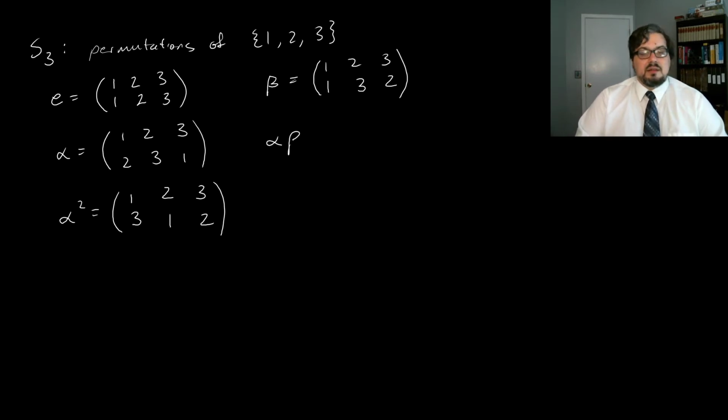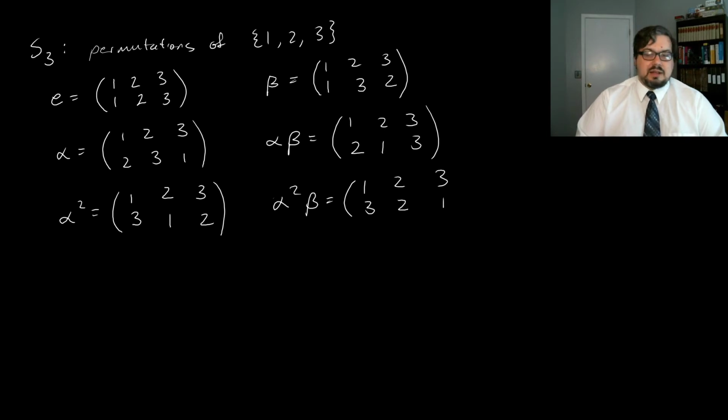And then we've got a few others. I'm just going to go ahead and write these down. Alpha times beta is a permutation that sends 1 to 2, 2 to 1, and 3 to 3. Alpha squared times beta sends 1 to 3, 2 to 2, and 3 to 1.